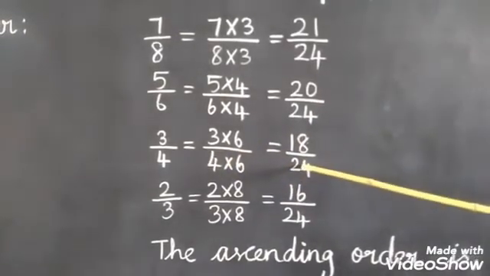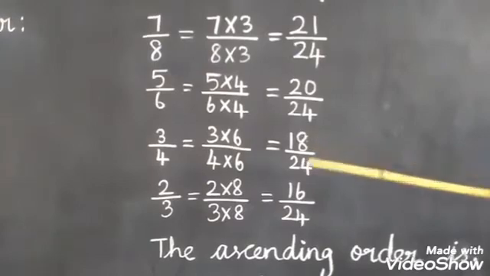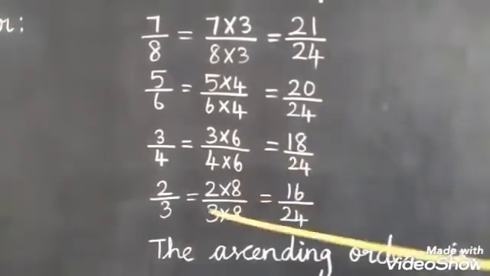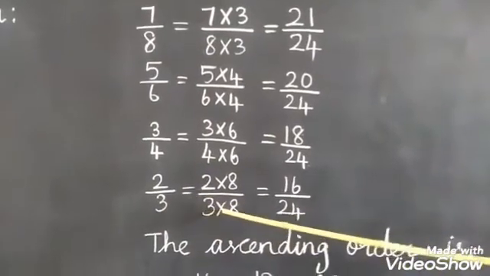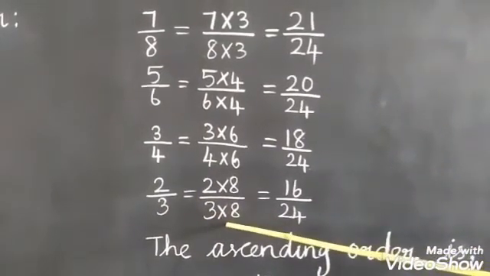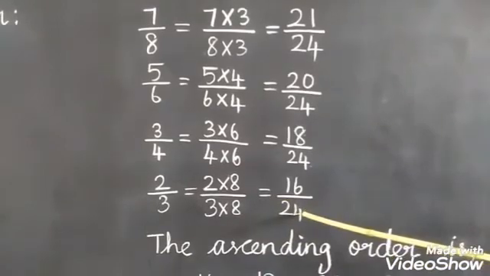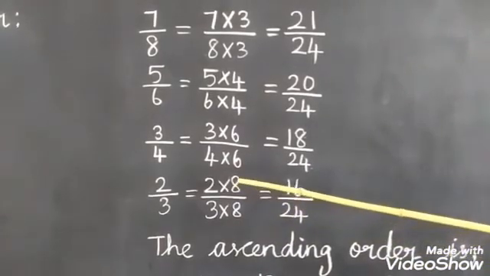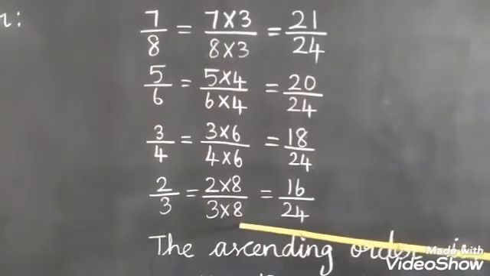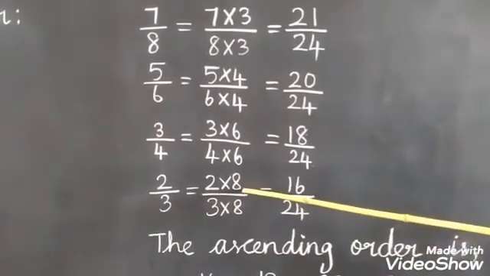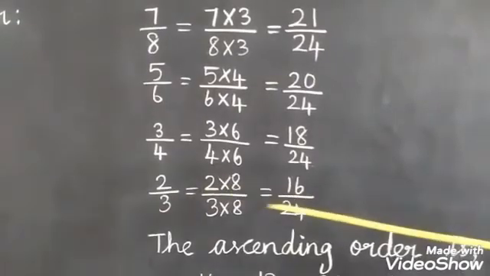Yes, 24. So we get 18 by 24. Next we have 2 by 3. For this also change the denominator to 24. So we want to multiply numerator and denominator by which number? Yes, by 8 we want to multiply. 2 8s are 16. 3 8s are 24.